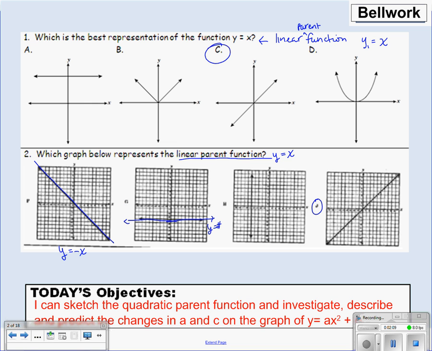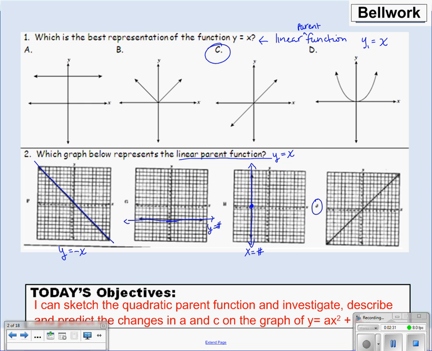Again, yes, it is a line, and it is a function, but it is not the parent function. H, a vertical line going through the x-axis, so the equation of that line is x equals whatever number it is going through. Well, this is a line, however, it's not a function, and again, it's not the parent function.